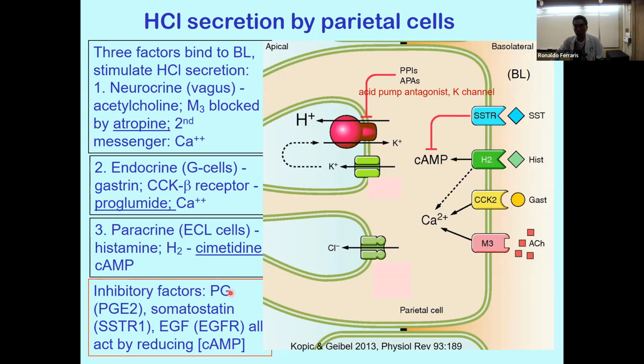Prostaglandins also inhibit acid secretion via inhibiting cyclic AMP. Epidermal growth factor binding to EGFR, prostaglandins binding to PGE2, and somatostatin binding to this receptor all act to inhibit hydrochloric acid secretion by way of cyclic AMP.